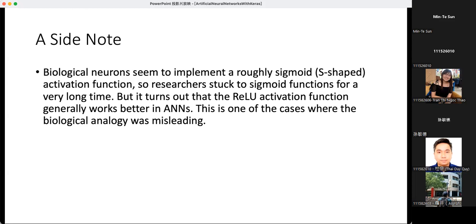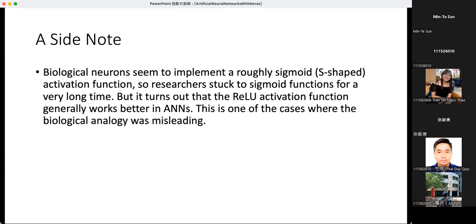Because of that, AI researchers tried very hard to use the sigmoid function in neural networks for a long period of time, because researchers just thought, if God used sigmoid to create the human and all these animals, there must be a reason, right?